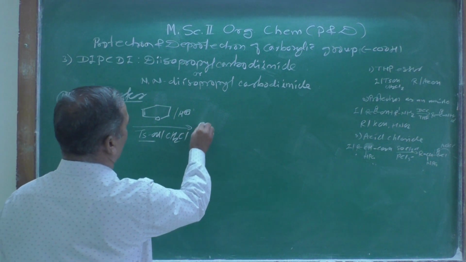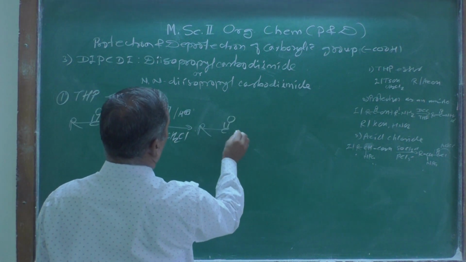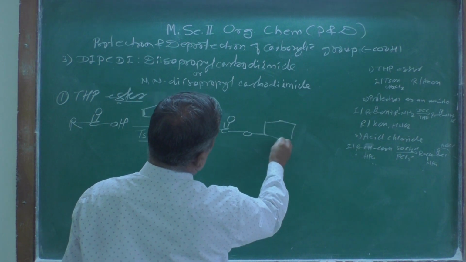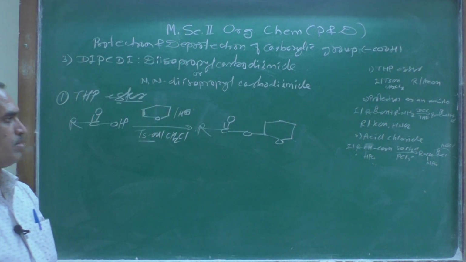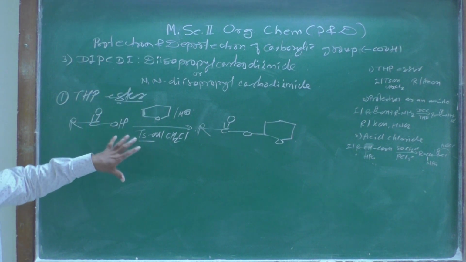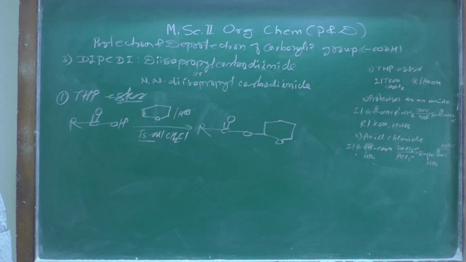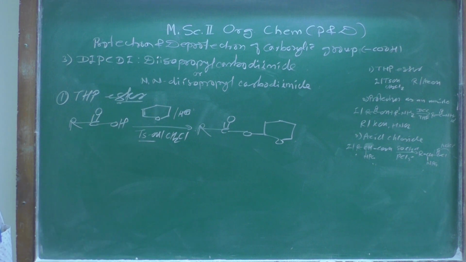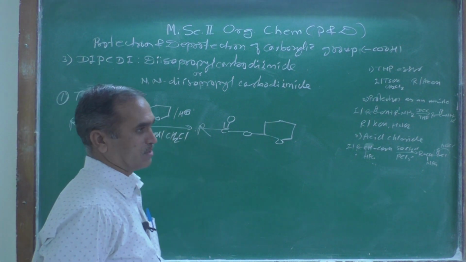You are going to get RC double bond O, then O, then this group. So this is a protection as an ester of tetrahydropyran, right? This is the protecting group of that carboxylic group.